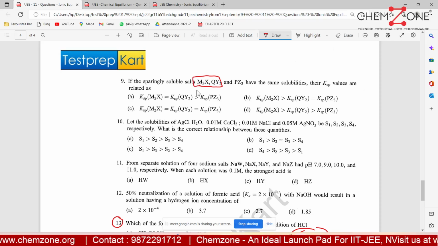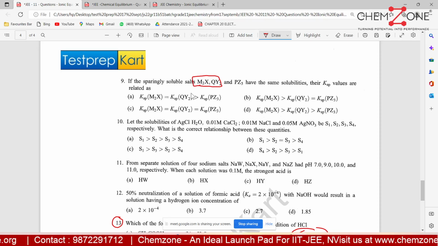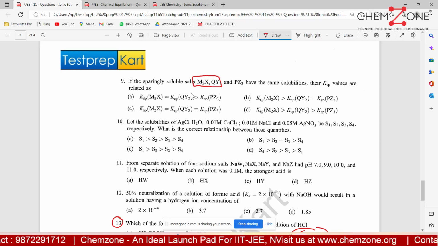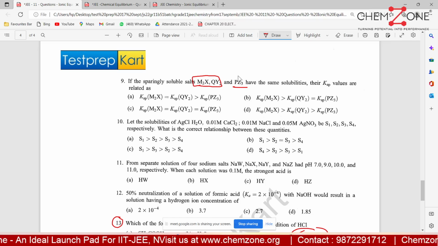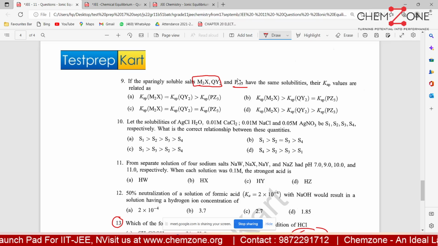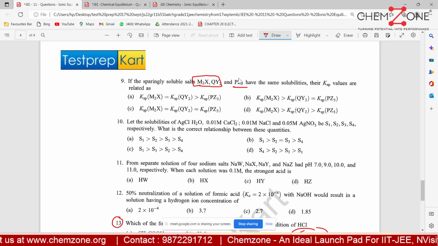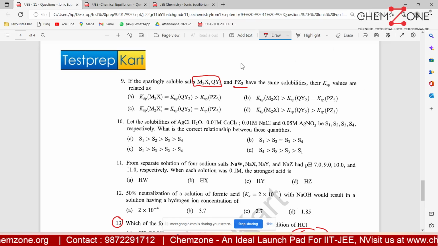These two will be similar because both are giving the same number of ions. But here the number of ions is more, so it will be greater. The KSP value will be minimum.